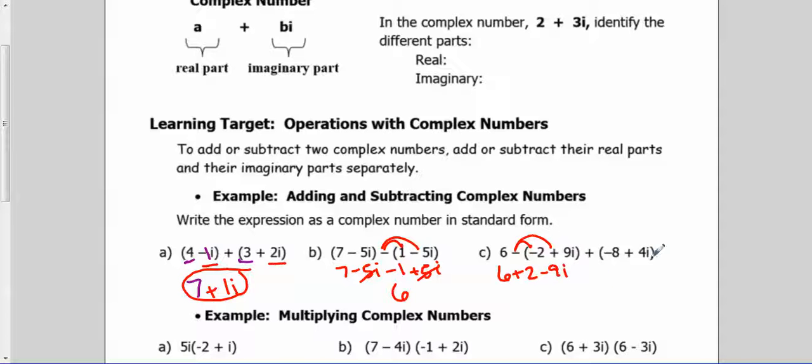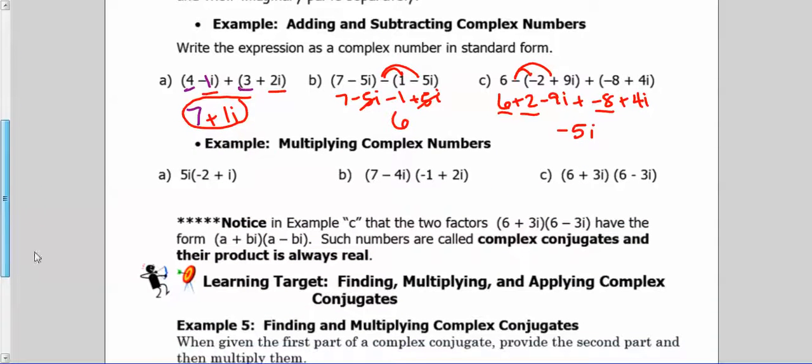Bring this down, plus negative 8 plus 4i. Now you can put the original in the calculator, that will work, but you can also combine like terms. So 6 plus 2 plus negative 8, that actually all cancels out. And then negative 9i plus 4i, that's negative 5i.